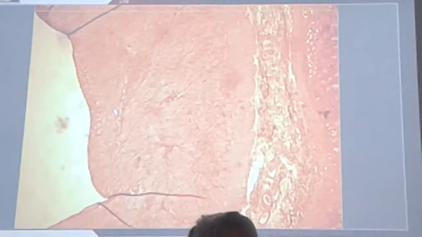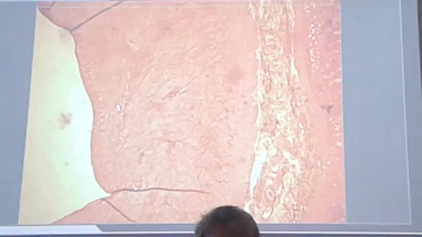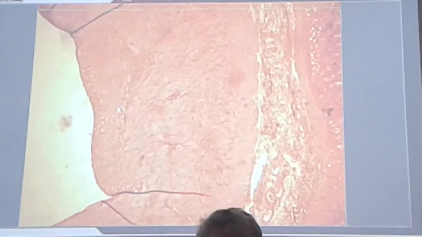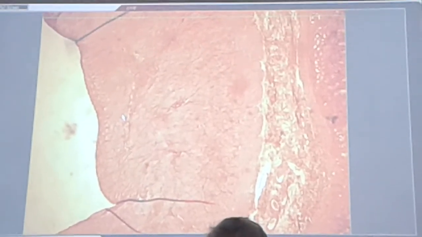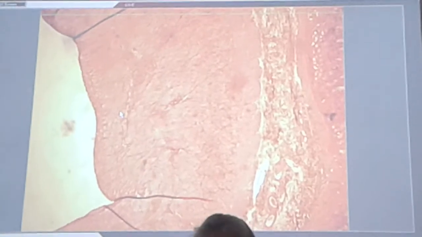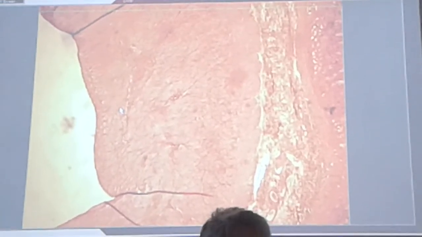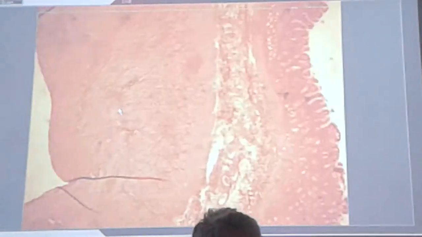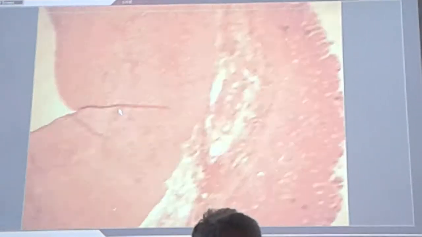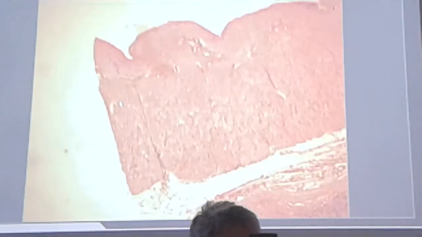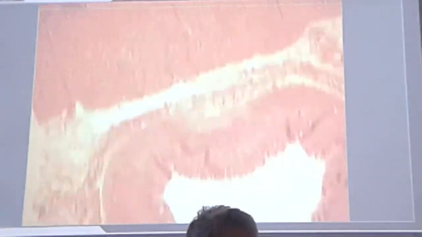You can remember that the tunica muscularis here, the muscularis externa, has 3 layers: circular, longitudinal, and oblique as well. So that's why it is a thick muscle layer, all going around the stomach tissue.